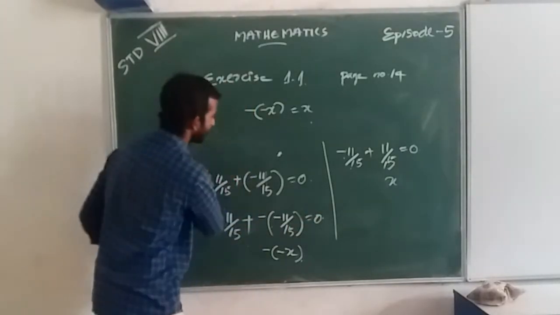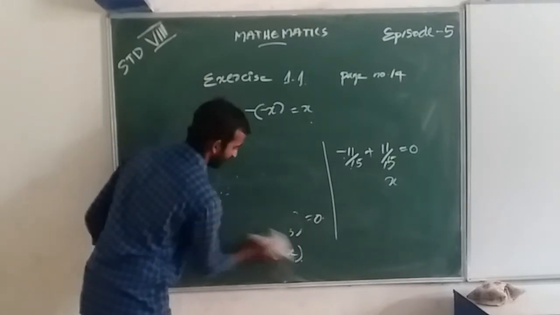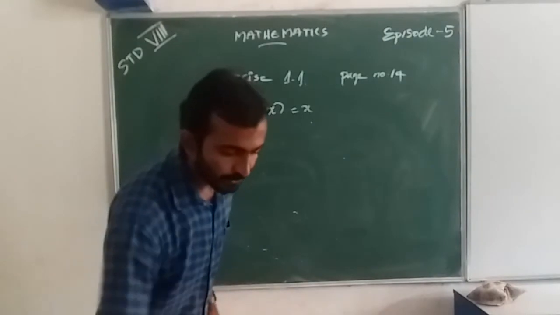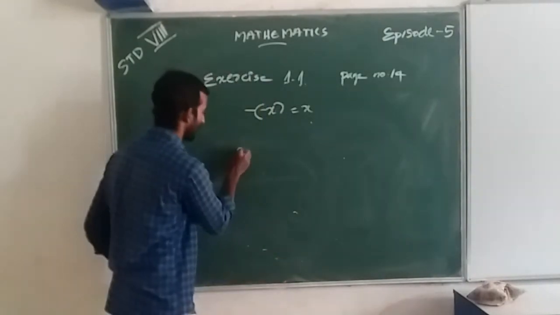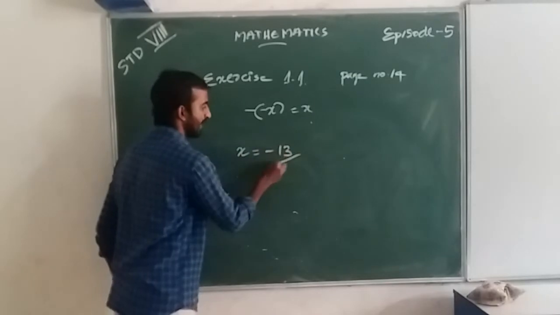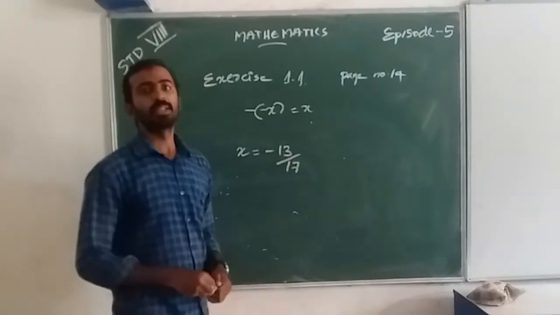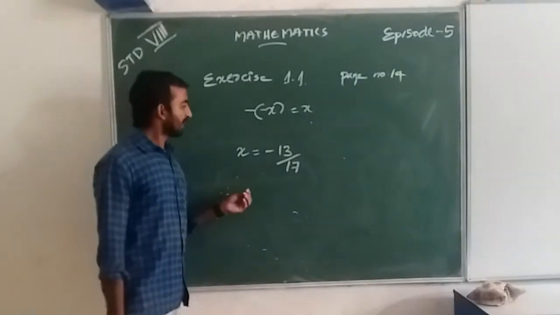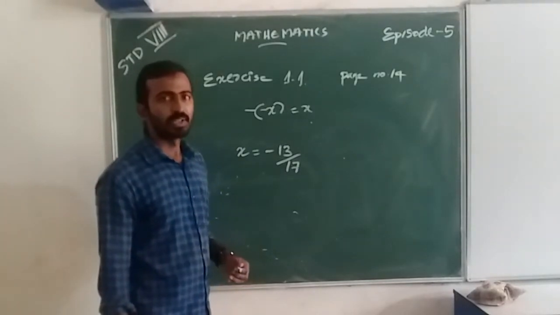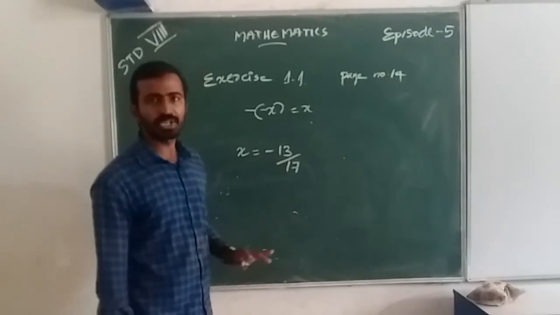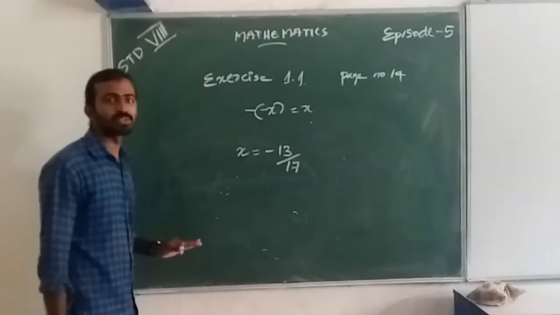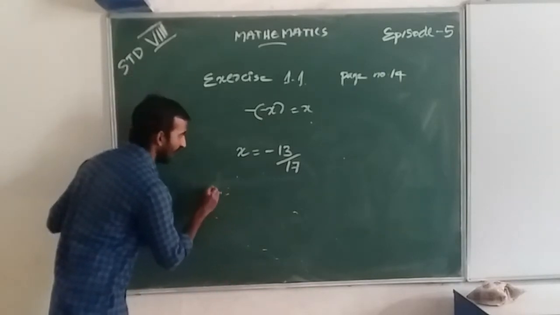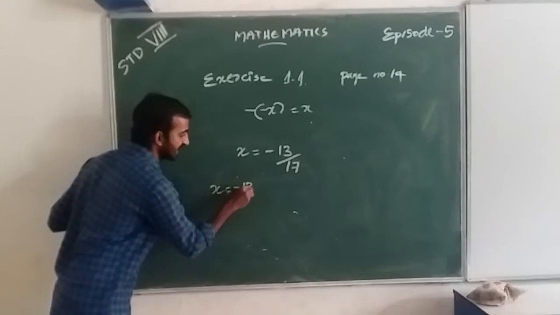The next question is x equal to negative 30 by 70. How can we solve this? In the same process we can solve this. We get x equal to minus 30 by 70.